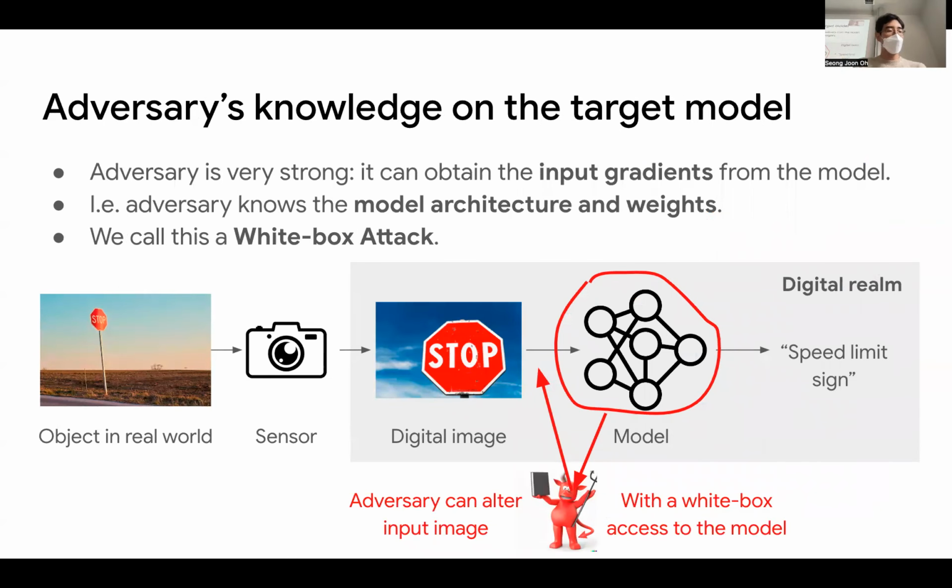Now let's discuss a bit on the knowledge on the target model. We have been looking into white box attacks, meaning that the adversary knows all the model details and the weights, and therefore can compute input gradients. And if you can compute input gradients, you can do all kinds of strong attacks like PGD. Right.